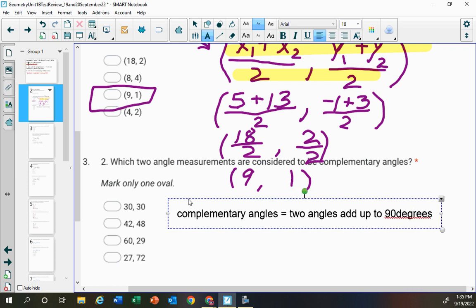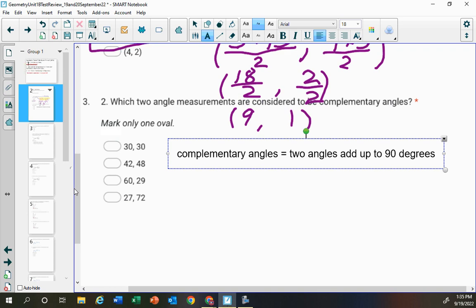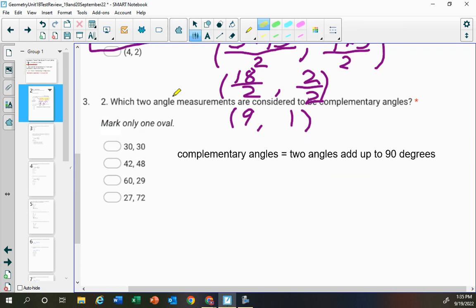So they add up to 90 degrees. We need to figure out which two angles add up to 90. Basically, just add your numbers. And believe it or not, a lot more people get this wrong than I think. So just add them up.